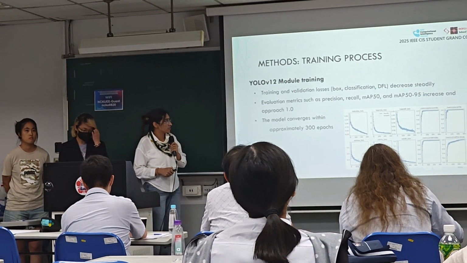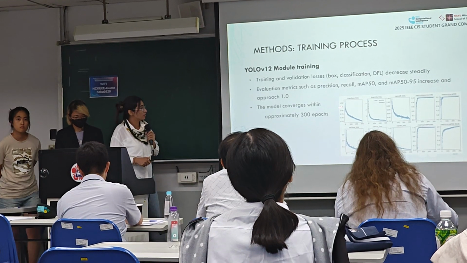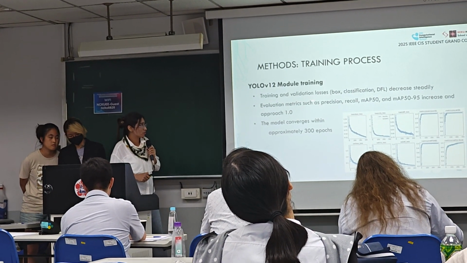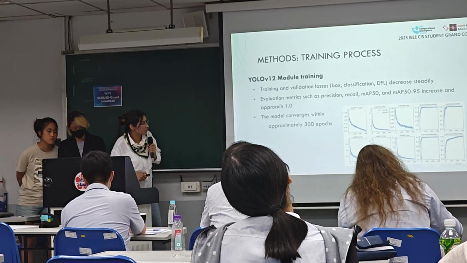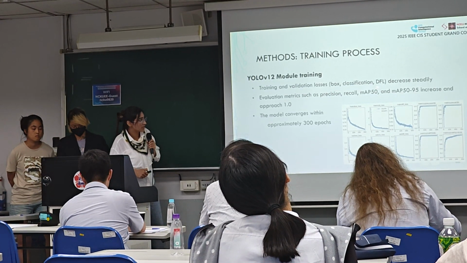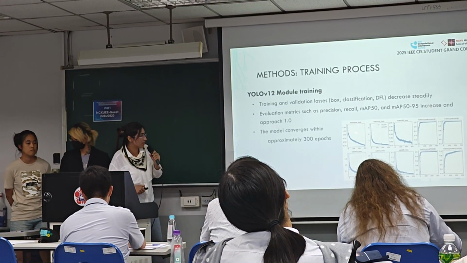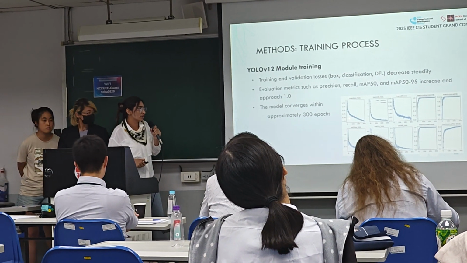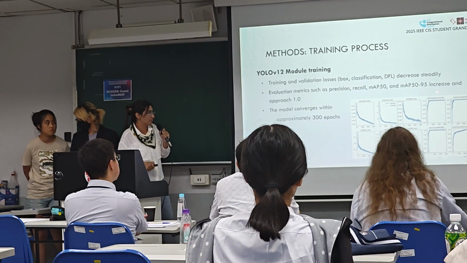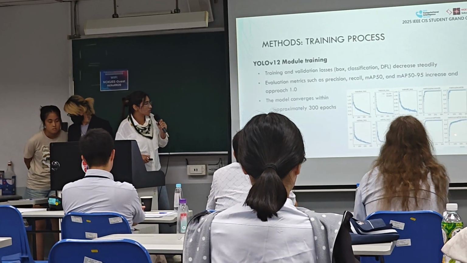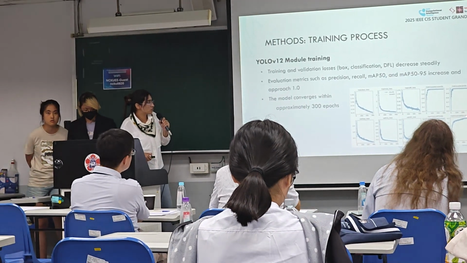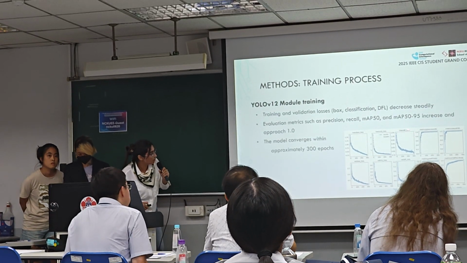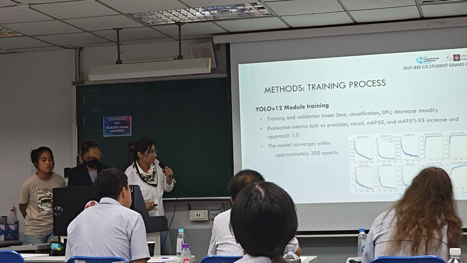So for the training process, before training our module, while giving the training, we saw the validation losses, like box, classification, and DFL. Here we saw the graph gradually decreases, but it was taking time to give stable and quick results. Then on the right side of the picture, you can see that we also saw the evaluation metrics such as precision, recall, and mean average precision.